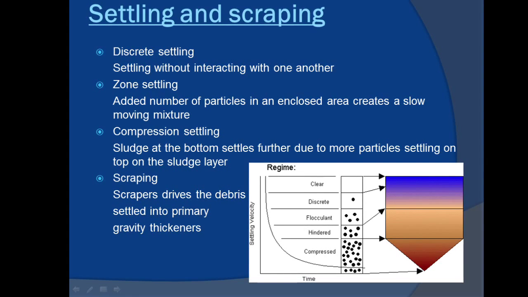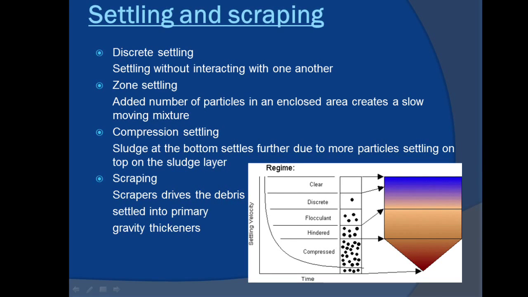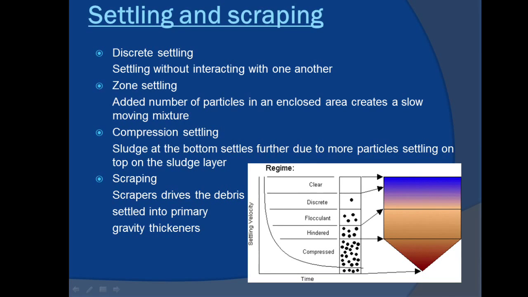In a suspension, as the concentration of particles increases, the particles become so close that they no longer settle independently, interfering with the velocity of one another. The added number of particles in an enclosed area creates a slow-moving mixture, and this reduces the particle settling velocity. And it is known as zone settling.